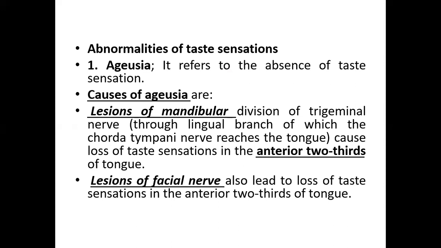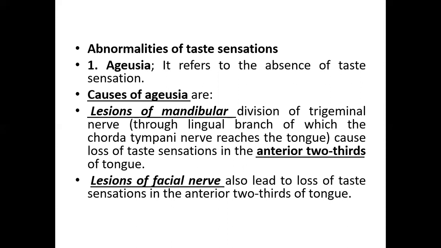Causes of ageusia are lesions of the medulla and lesions of the mandibular nerve. Lesion of the facial nerve. Lesion of the mandibular division of the trigeminal nerve through the lingual branch, by which the chorda tympani nerve reaches the tongue, causes loss of taste sensation in the anterior two-thirds of the tongue, meaning you lose the sensation of taste.